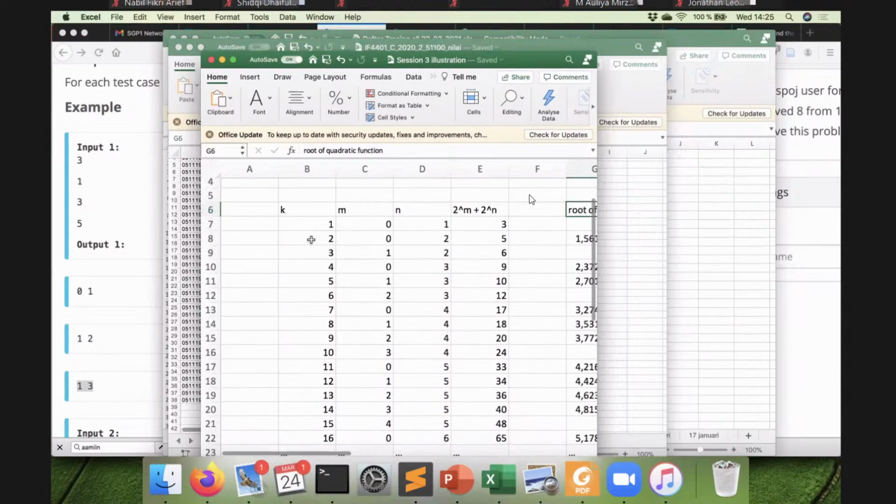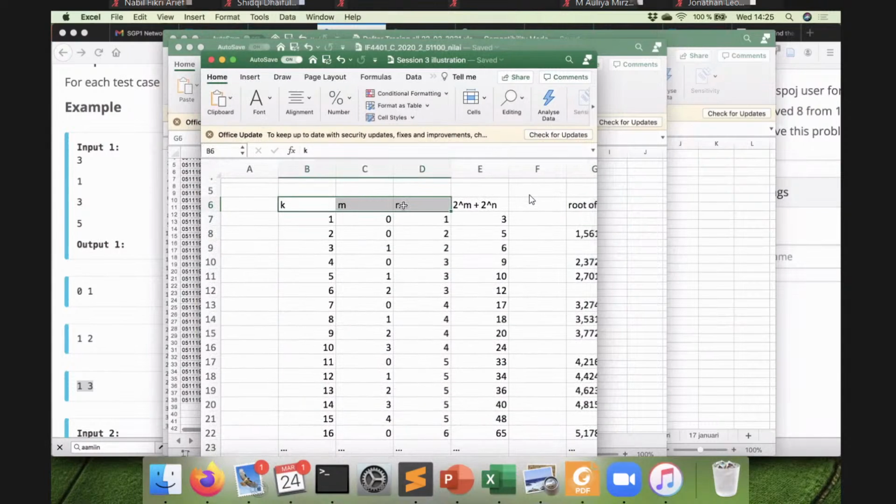This is how we represent k, m, n, and this is the function: 2 power by m plus 2 power by n over here. And this is the k. For 1, the number of m is 0 and n is 1. For 3, it's 1 and 2. And for 5, it's 1 and 3.